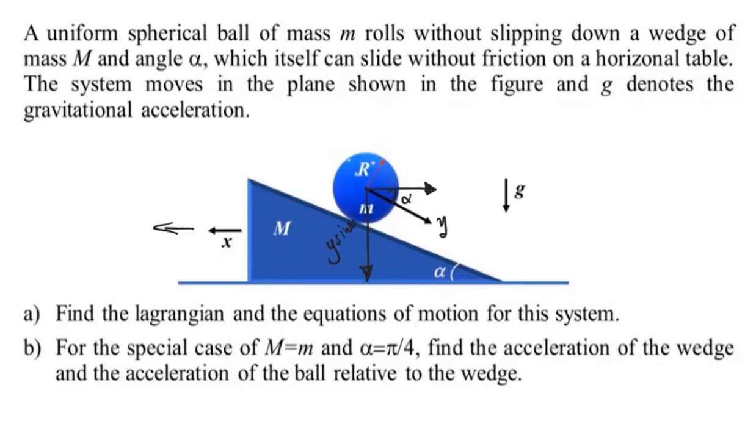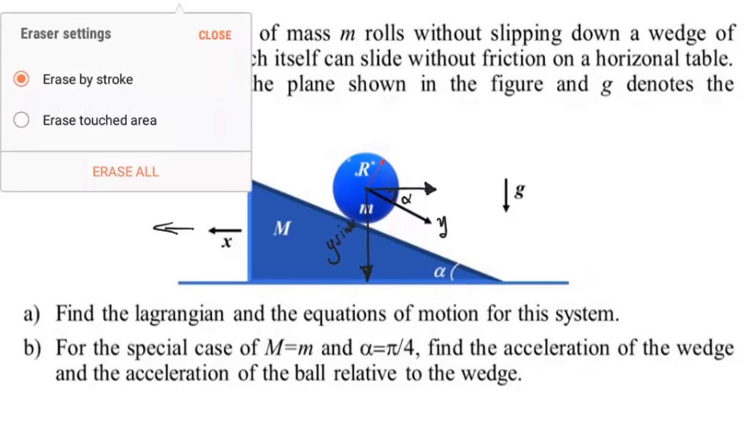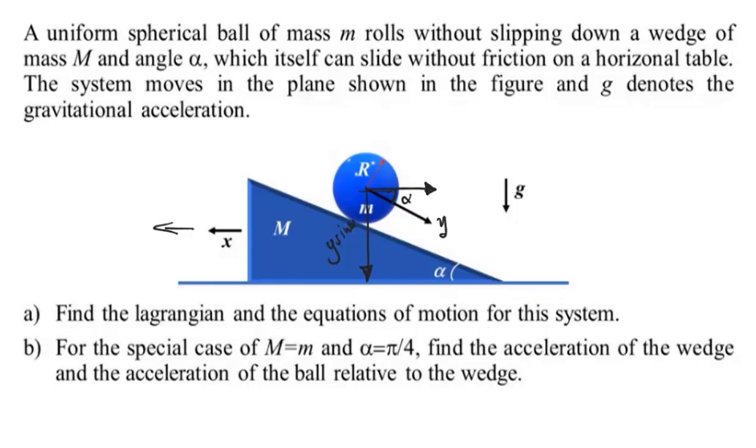And because we are taking the horizontal table as the origin of reference, and because the particle, no, we take this here, sorry. We take the horizontal, we take the reference on top, right here. Then the potential energy is negative.